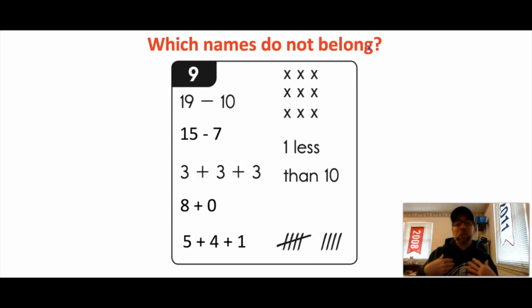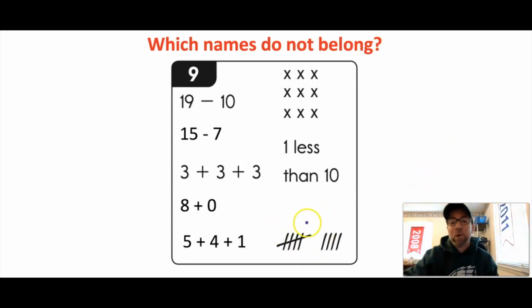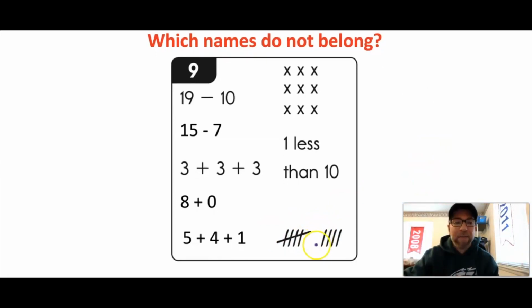So I'm going to start with some of the ones that I know. I can count tally marks very easily. So how many tally marks do we have? Well, let's check. We have 5, 6, 7, 8, 9. Well, I'm going to write a little 9 next to it just so I know. That equals 9. So far, the tally marks are good.